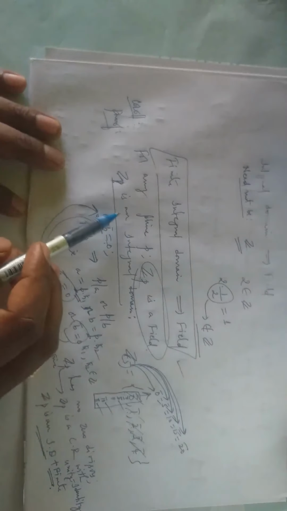So 5 elements are there. Similarly in ZP, P elements are there. That means finite. So ZP is an integral domain as well as a finite set. So it's a finite integral domain. By the last theorem we studied, a finite integral domain will always be a field. That will serve the purpose. ZP is a field. Is it clear?